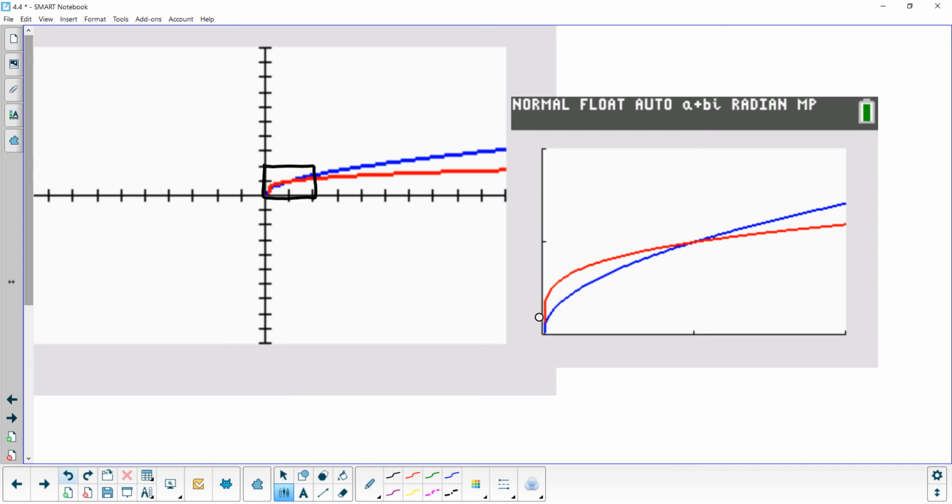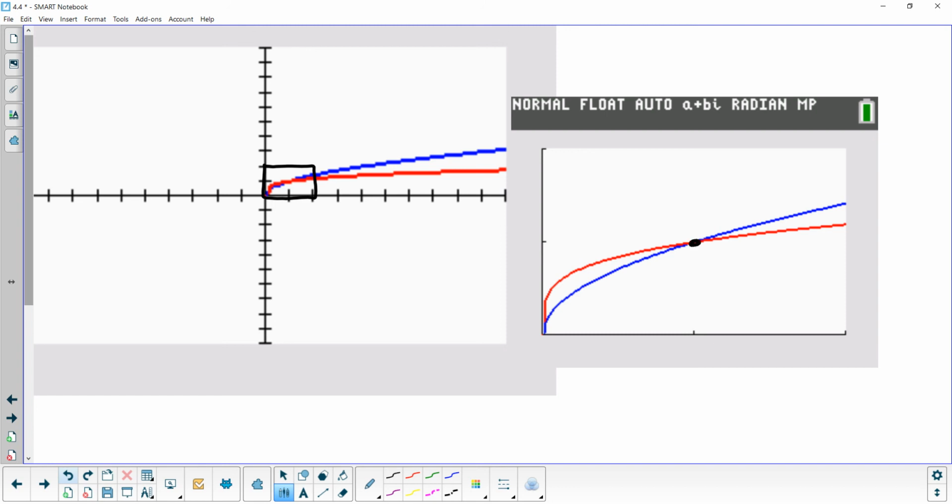And does anybody see a point that the square root and the fourth root both go through? It's actually 2 points. Ethan? Excuse me? Do you see a point of which they both go through? 1, 1. Yep, I agree, 1, 1.